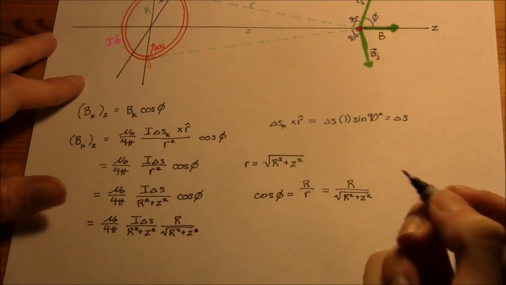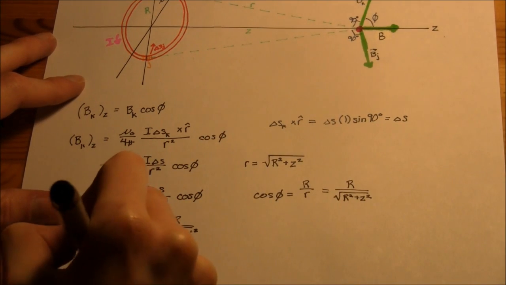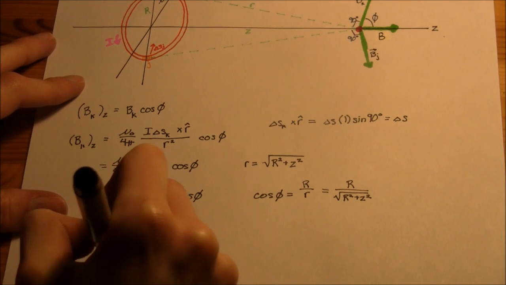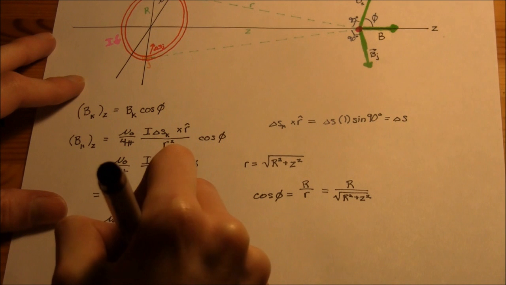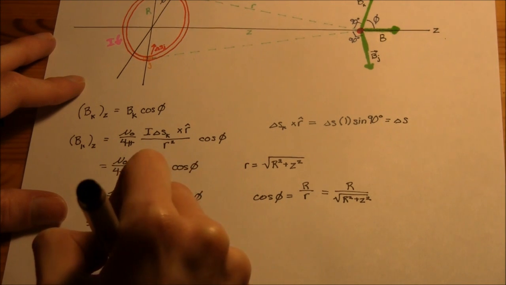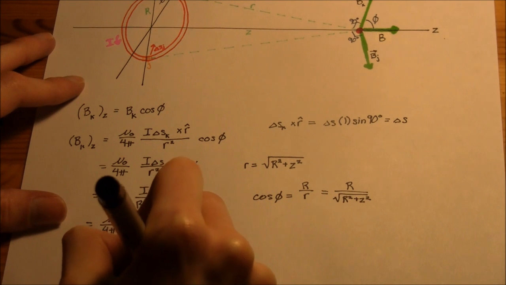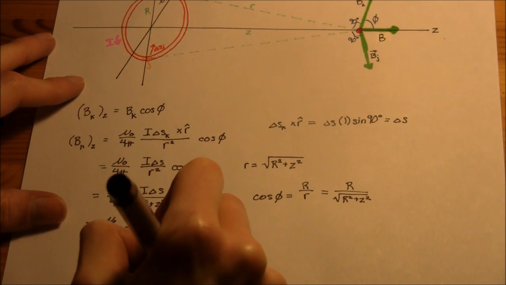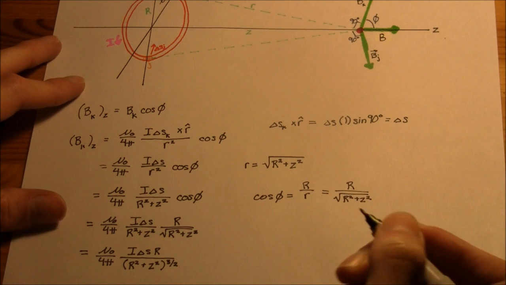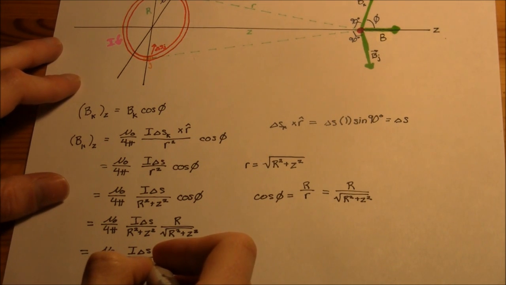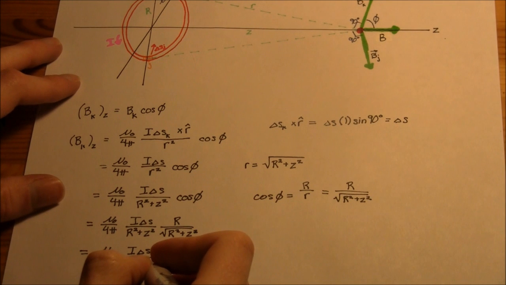Now you can combine like terms, and you are left with mu naught over 4 pi I delta S R over R squared plus z squared to the 3/2 power. So this tells us the magnitude of the magnetic field in the z direction for this current loop.